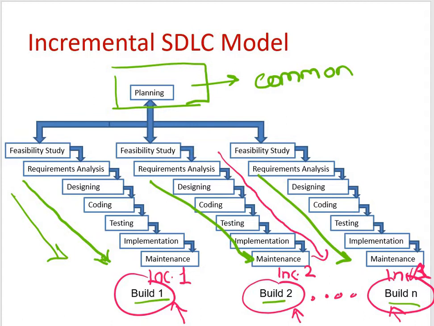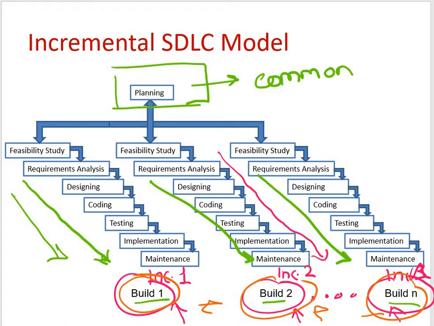Now, some of the basic characteristics of this: the system development is broken down into many mini development projects. These partial systems are successively built to produce a final total system.